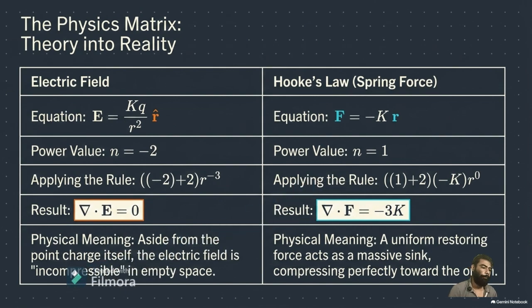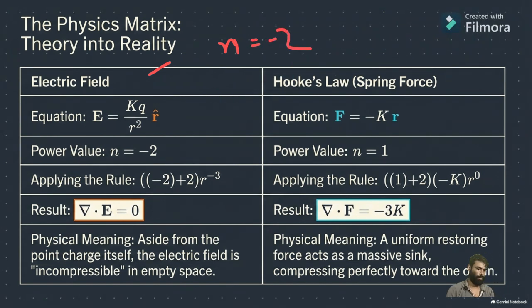Now we can apply this divergence to some other case. Like you can apply this divergence if you have an electric field. Electric field is q by r square. Now if you put the value of n here, 1 by r square means the value of n is equal to minus 2.